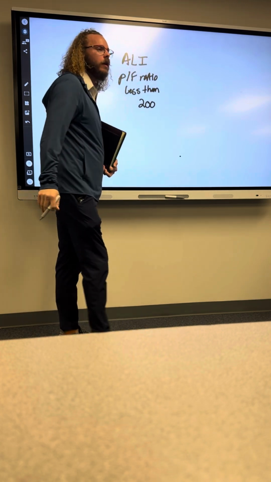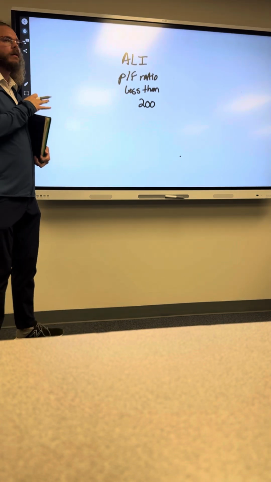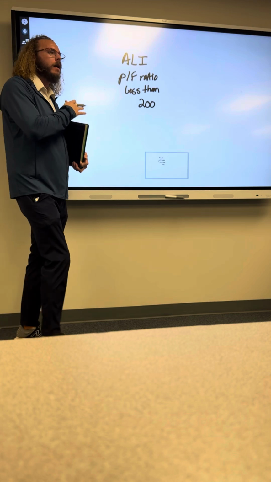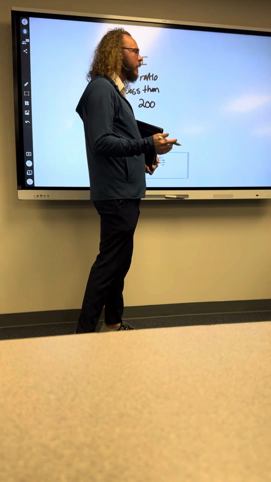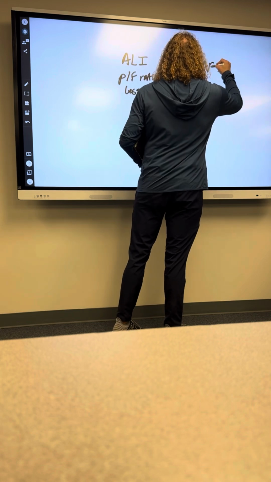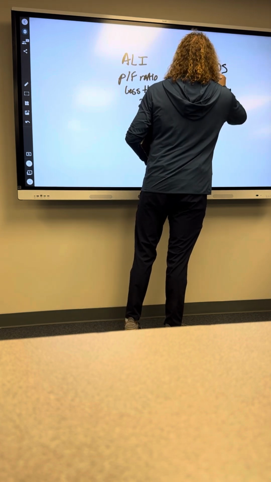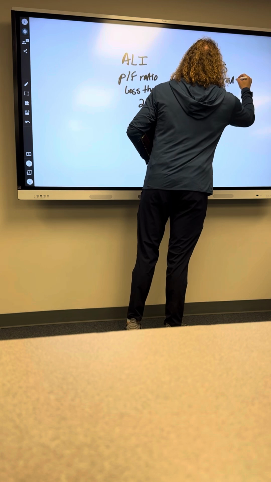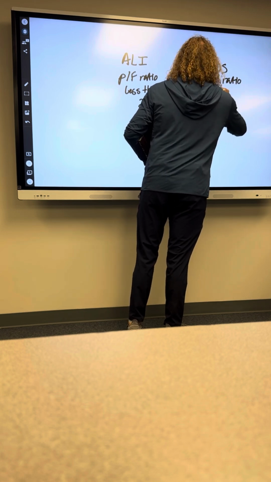This patient's gonna need BiPAP, maybe not vent all the way quite yet. What people died of in COVID was ARDS, and that's when the lung gets a little bit worse, and it's a PF ratio of less than 100.